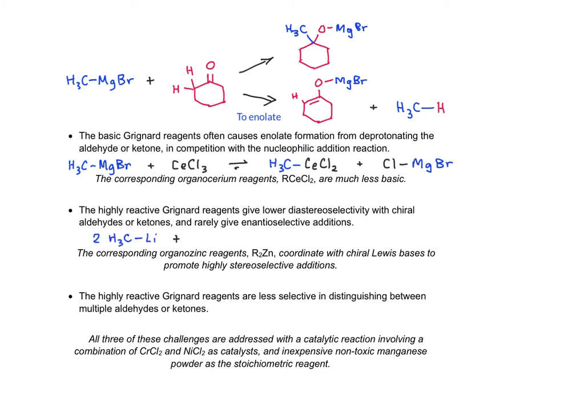The trick here, another transmetallation, is to form diorganozinc reagents, which do not react with aldehydes or ketones at all unless they are coordinated with a chiral Lewis basic ligand. However, this requires two equivalents of the alkyl group, and so one equivalent is discarded as waste.